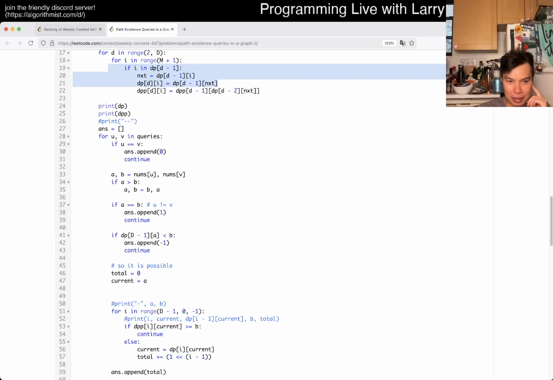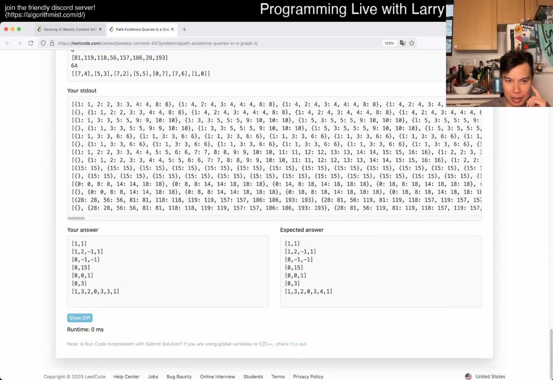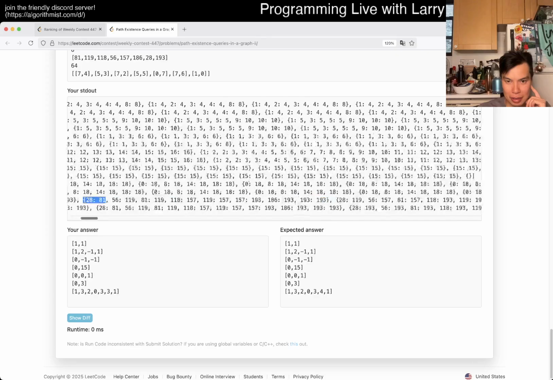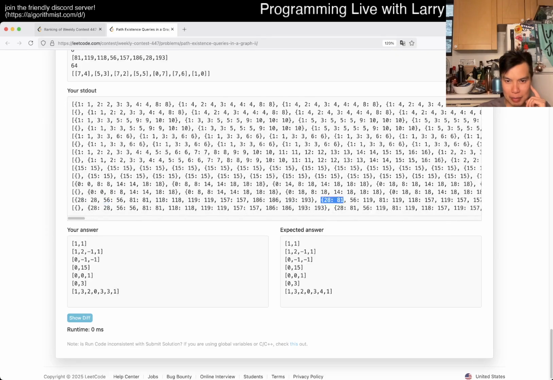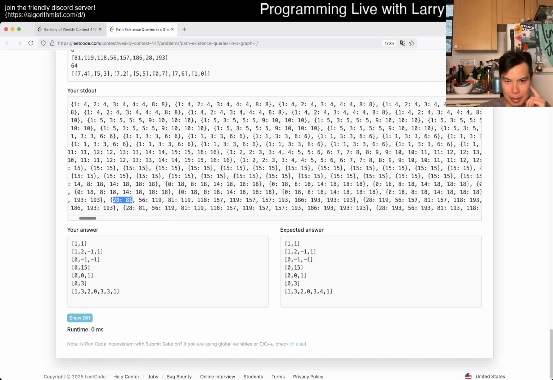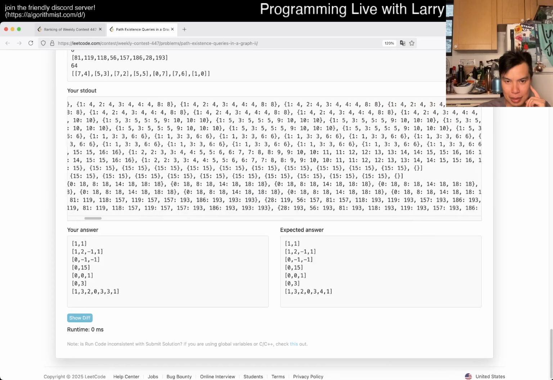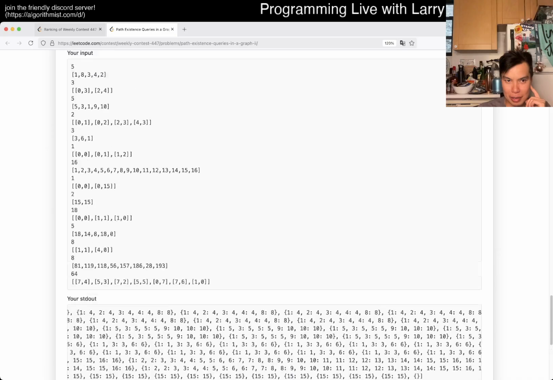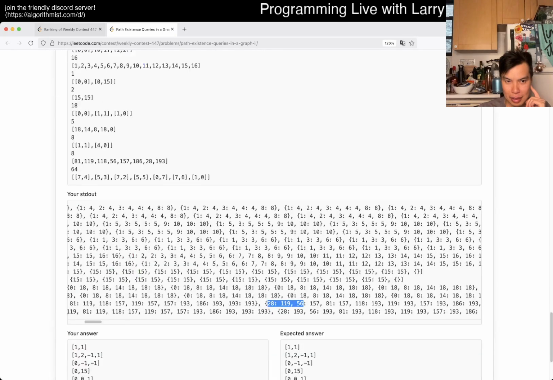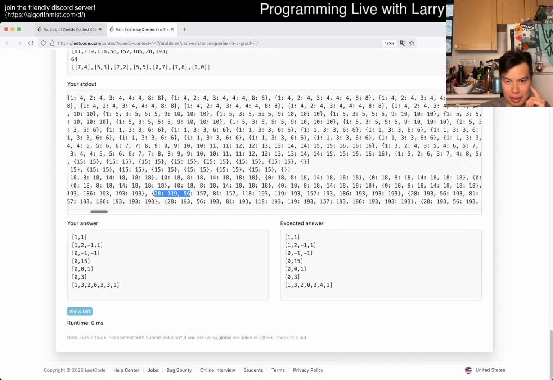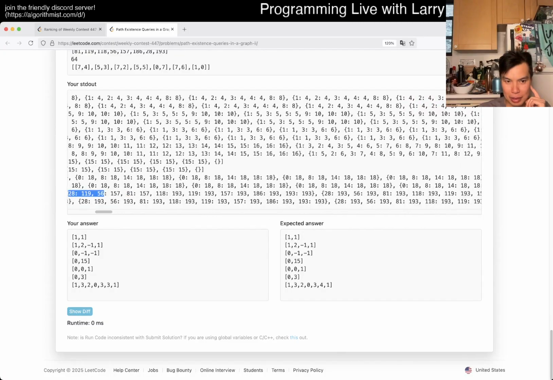I put it. Okay, so 28 goes to 28. 2 steps. It goes to 81. 4 steps. No. This is 0 steps. This is 1 step. This is 2 steps, which seems right? And then this is 4 steps. So 4 steps is definitely right.